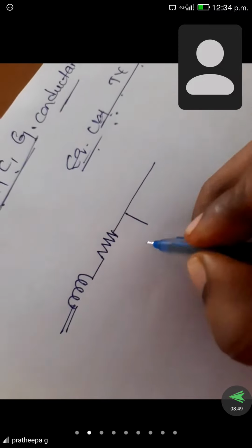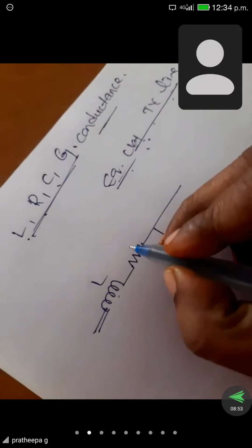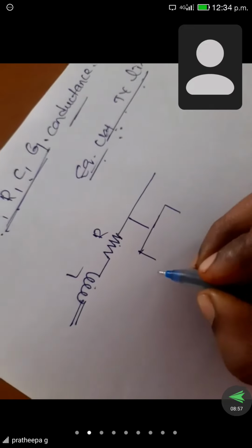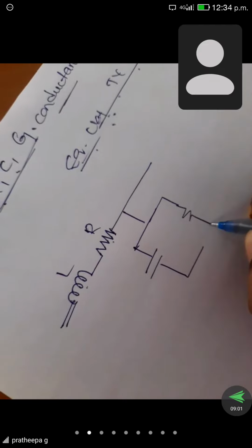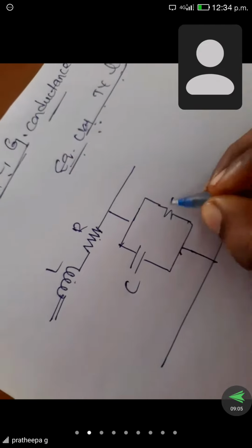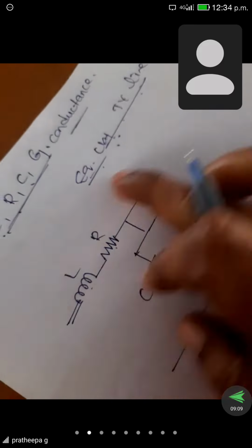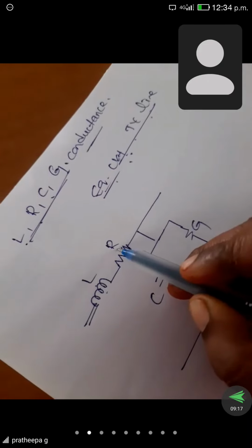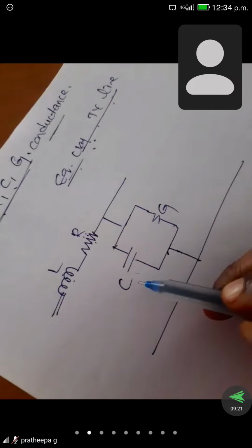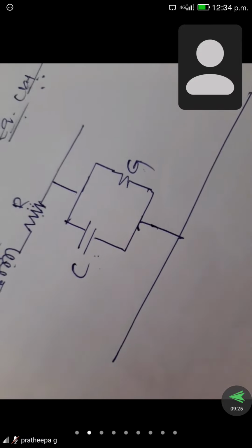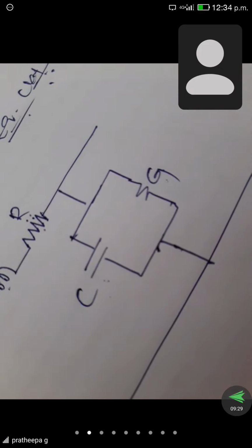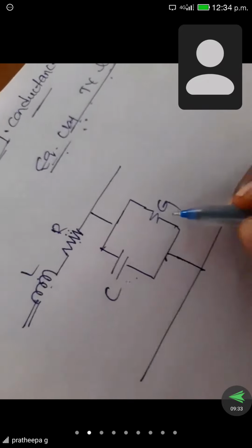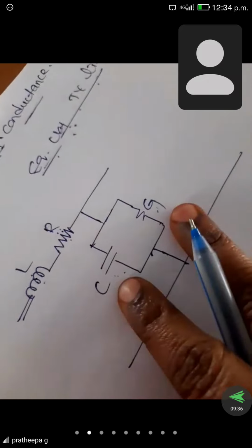These two will be placed in series connection, and parallelly we can take C and G. So it is one unit: L, R, C, G. L and R will be placed in series, and capacitance and conductance will be placed in parallel.